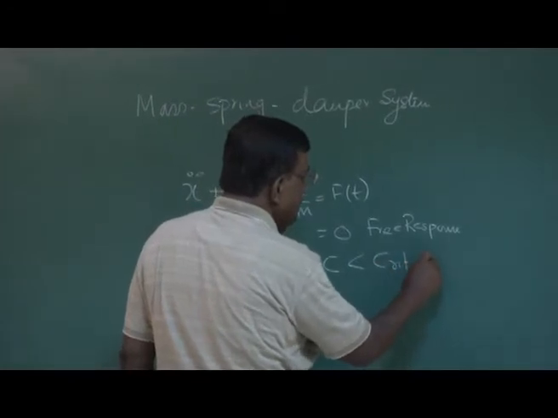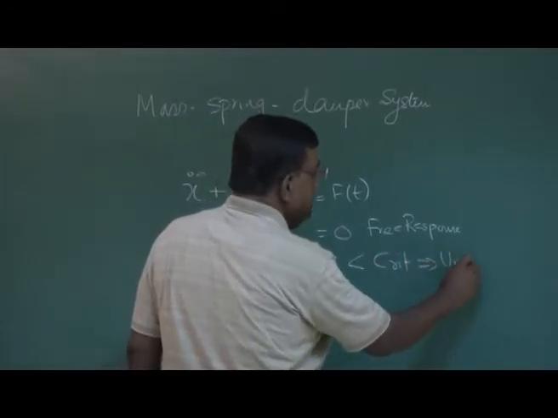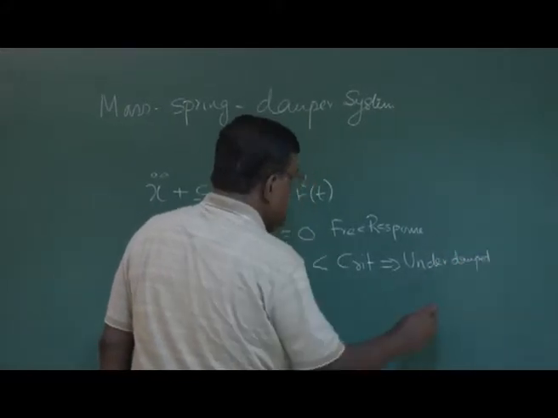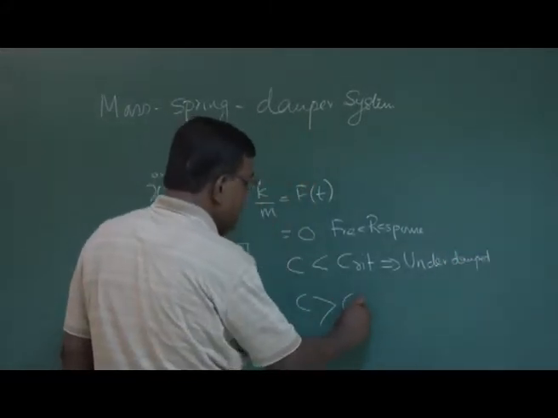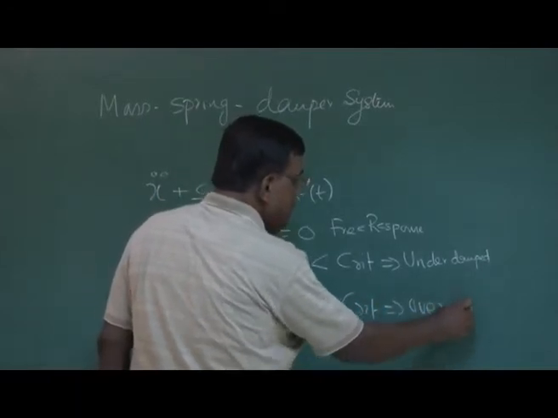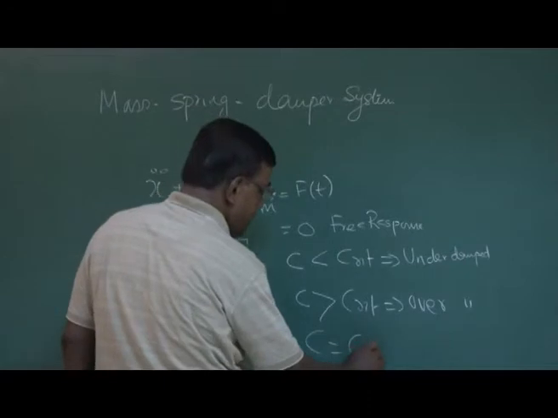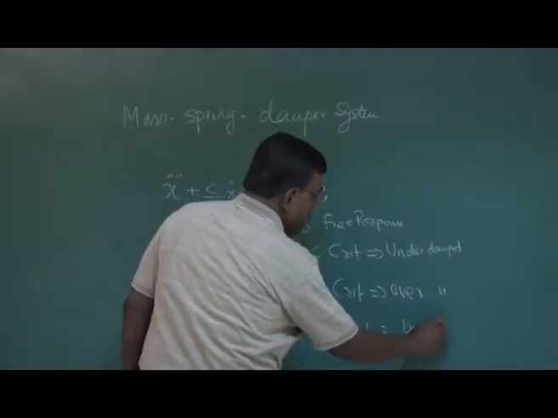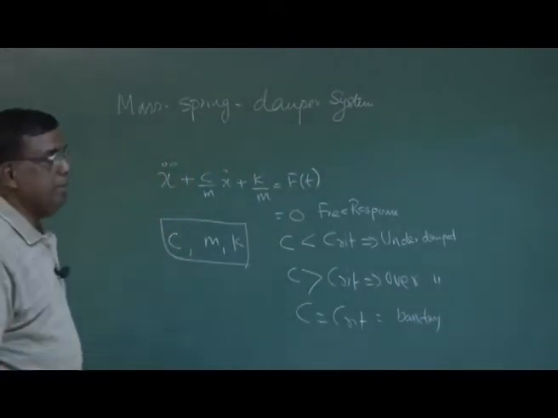Then we said this will be an under damped case. If C is greater than C critical, we said it is over damped, and C equal to C critical is the boundary between over damped and under damped case.